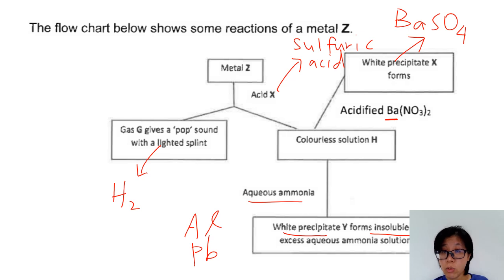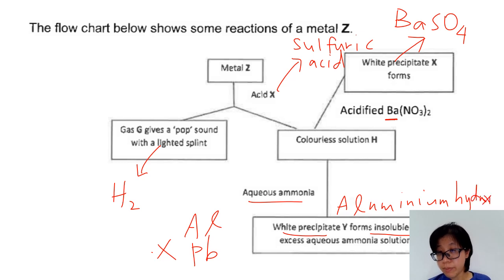Okay, then over here after you add acid, they say it is a colorless solution. So if it's sulfuric acid, it cannot be lead because lead sulfate is insoluble. Hence, this one has to be aluminium. Okay, aluminium hydroxide for this PPT, hydroxide.